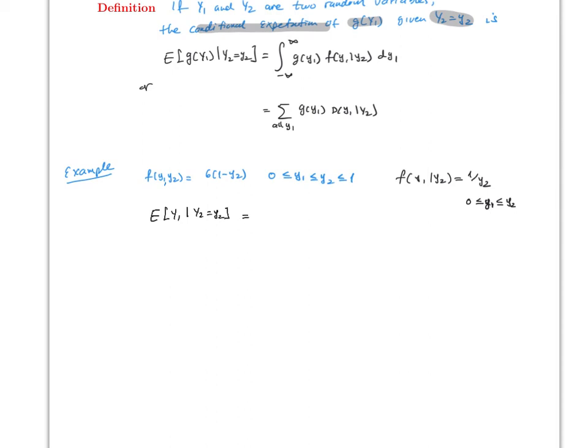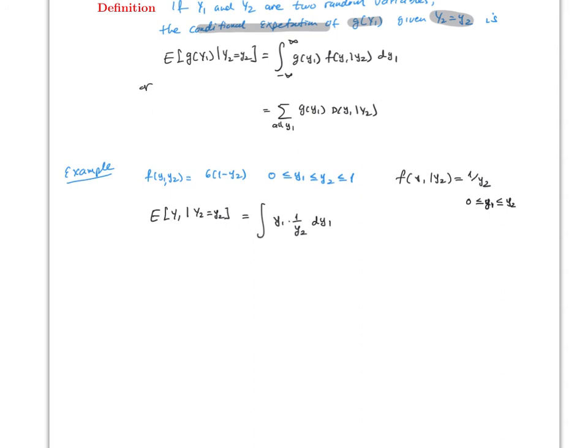By definition it should be the integral of g of y1, which will be just y1, times the conditional function, which is 1 over y2, dy1.